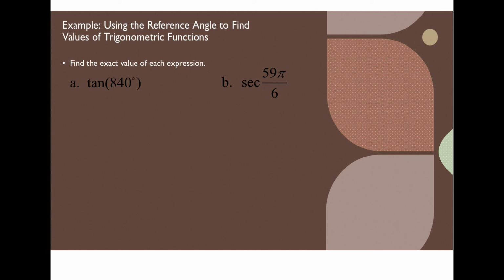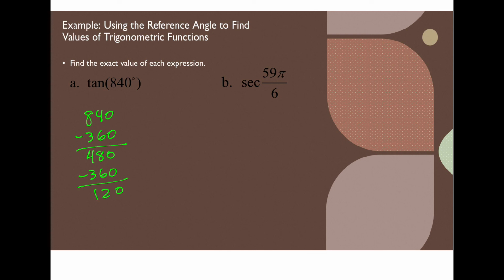All right, so now I'm going to go through and we'll solve these. So we first started out with 840. Again, I'm going to do the same strategy. I'm going to keep subtracting 360 to see what I get. And this comes out to be 480. So all you need to do is subtract one more time.